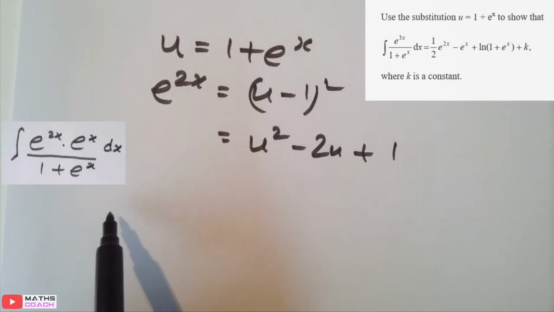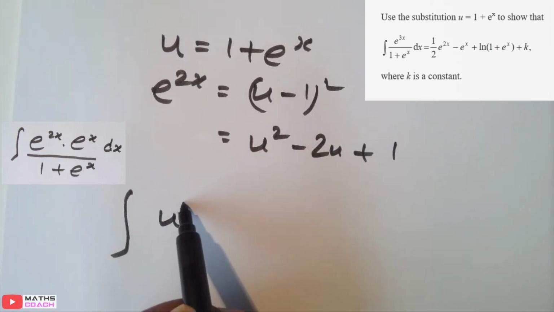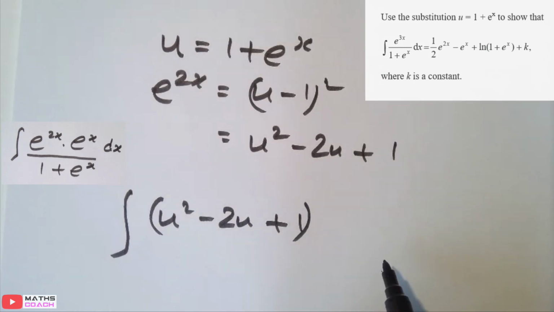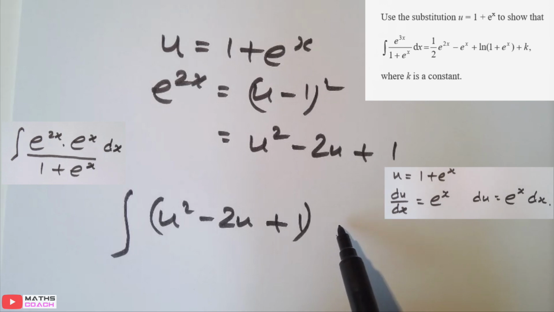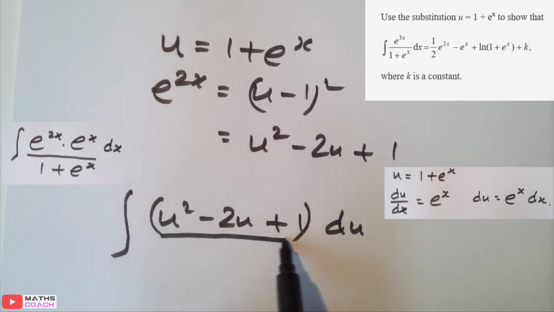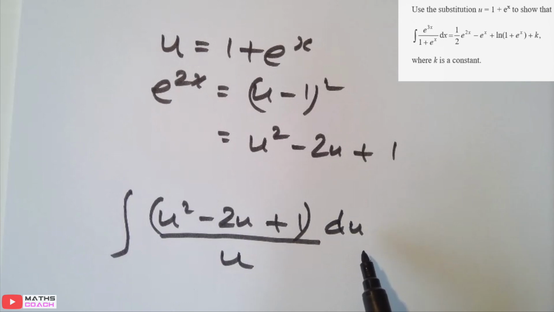Putting that all together in our previous integration, we have the integration of u squared minus 2u plus 1, in brackets, multiplied by the du over u that we had earlier. Now we've removed all elements of x. All we have is expressions involving u, and we integrate with respect to u. So this is now ready to integrate.